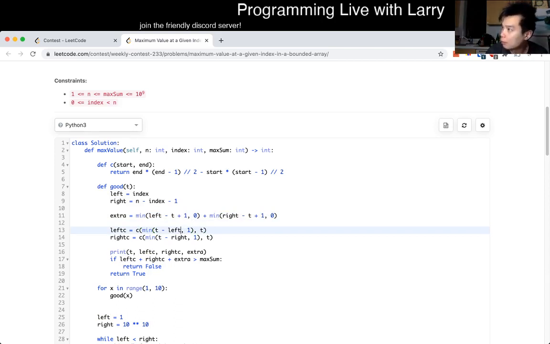Starting point is T minus the number of steps to get to 1, so it's T minus left plus 1 maybe. Why am I so bad at counting? Okay, so if T is 1, then we want to go 0 steps to the left. So actually we want the min of this and T minus 1.